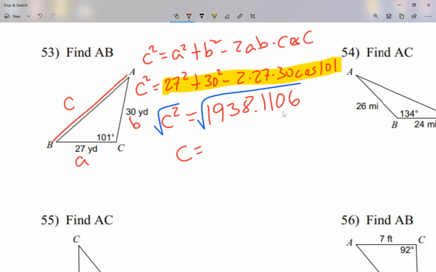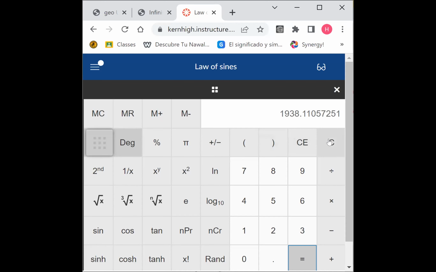So c is gonna be the square root of 1,938.1106.